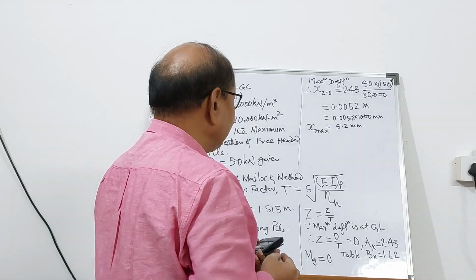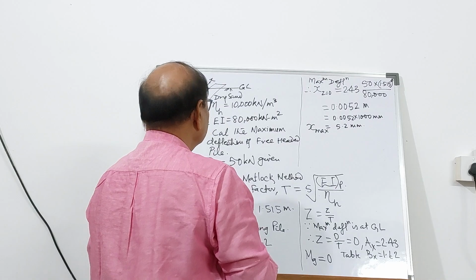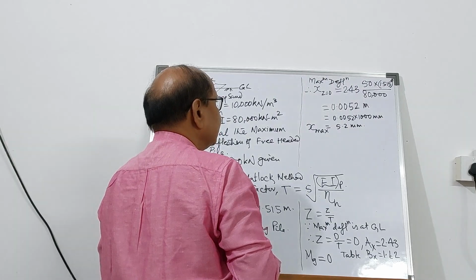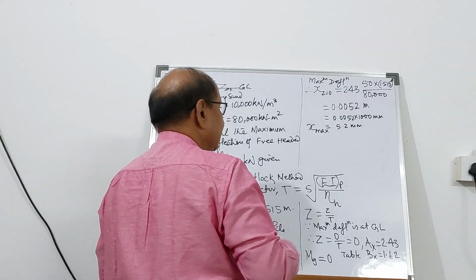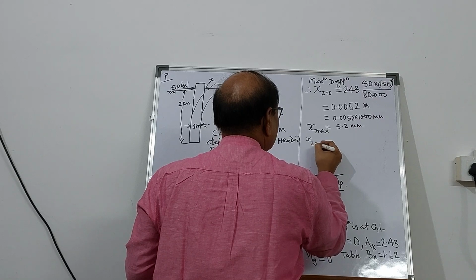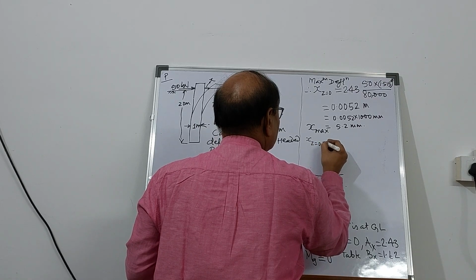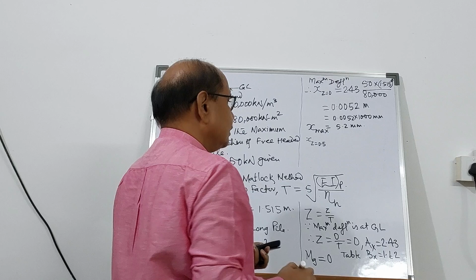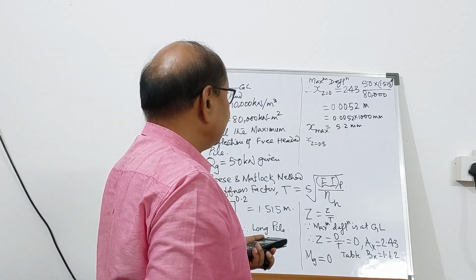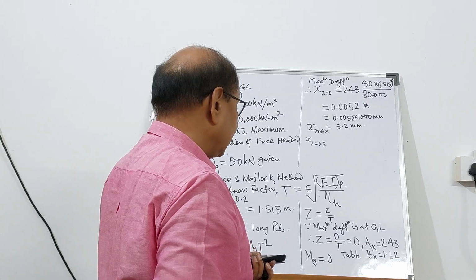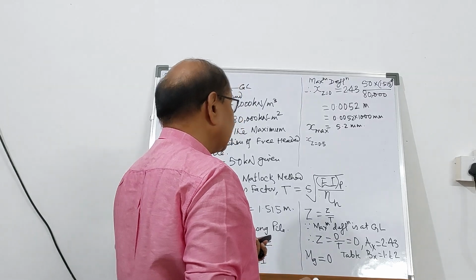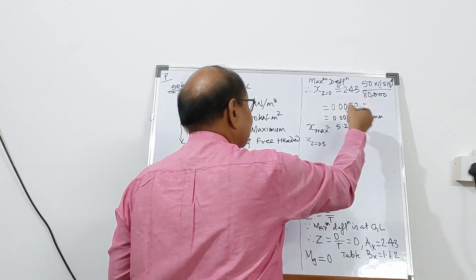Similarly, at any depth, we can calculate the deflection. Say at 0.5 meter, if you want to calculate the horizontal deflection x at z equal to 0.5 meters from the ground level, you can calculate it in a similar way.